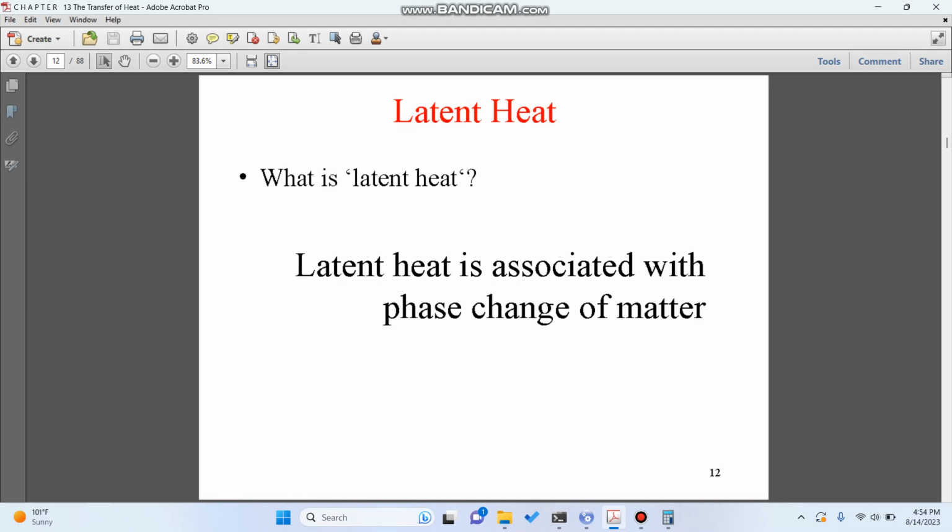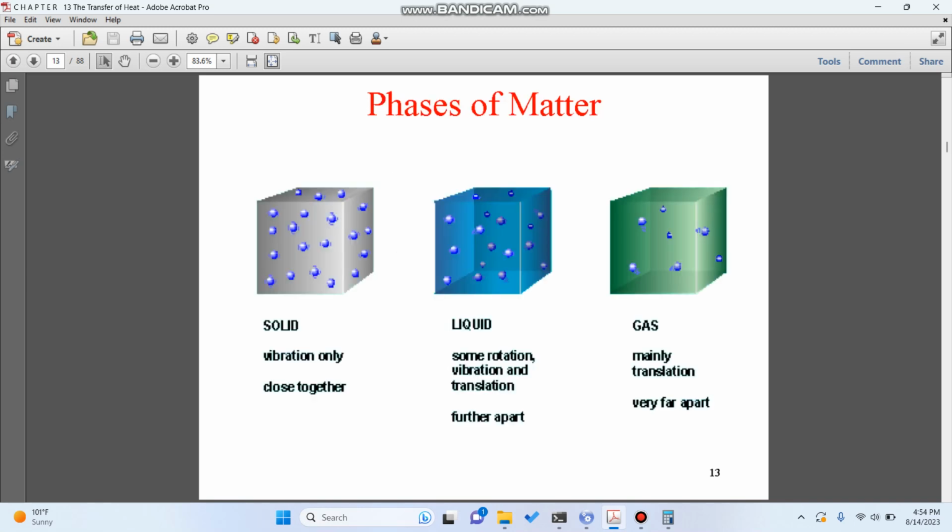Now come to the next part, latent heat, which is associated with phase change of matter. So we have solid. In the solid, only vibrations of the molecules occur, and they are very close to each other, whereas in liquids some rotation, vibration, and translation of molecular motion is observed, and they have a good gap between them. In gas, mainly translation happens, and the molecules are very far apart.